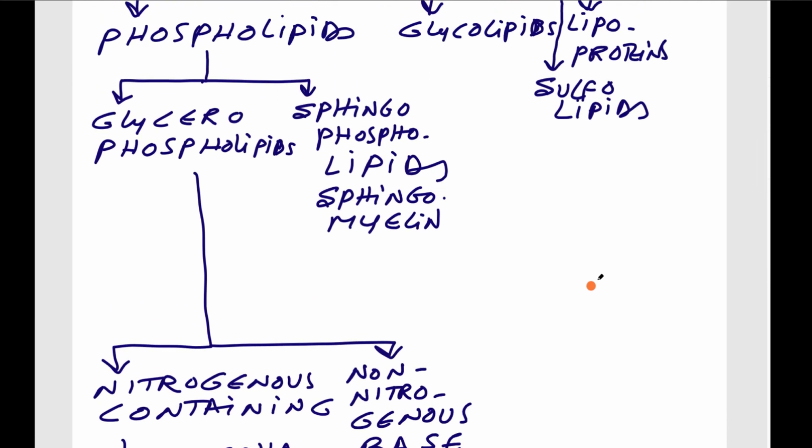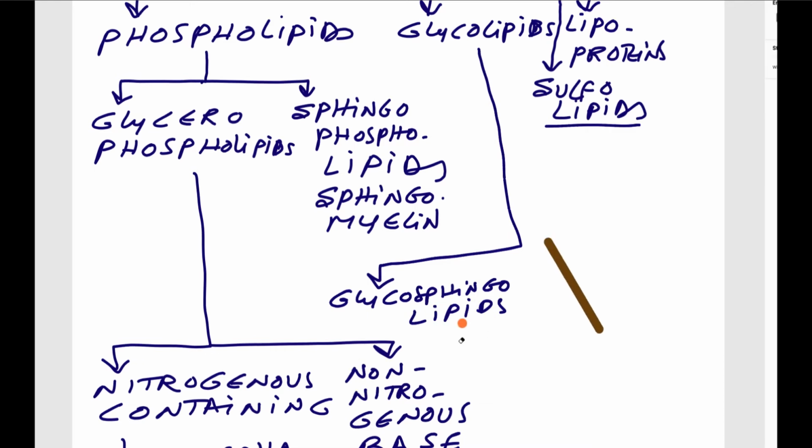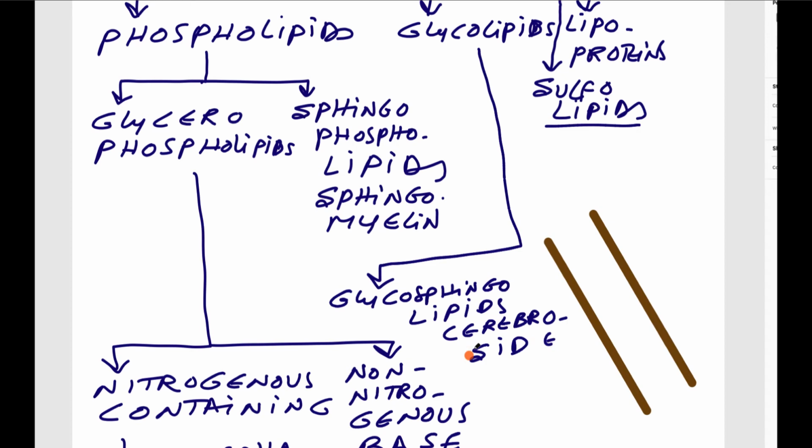Next we'll take up glycolipids. The glycolipids are also called glycosphingolipids. Among the glycosphingolipids, there are cerebrosides, like glucocerebroside and galactocerebroside, then globosides, and then gangliosides.